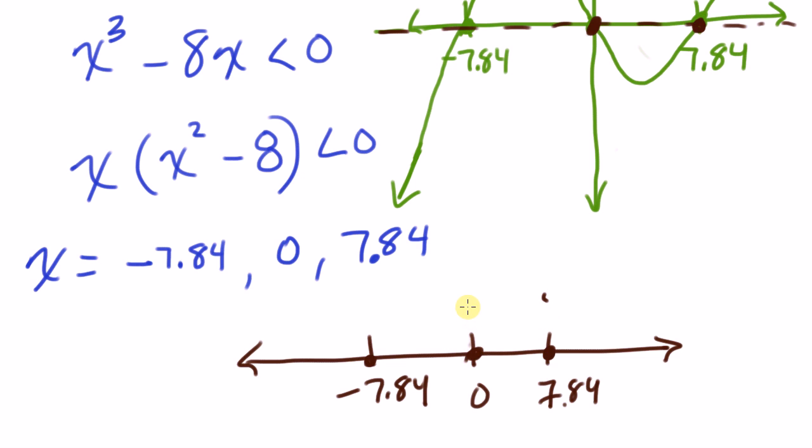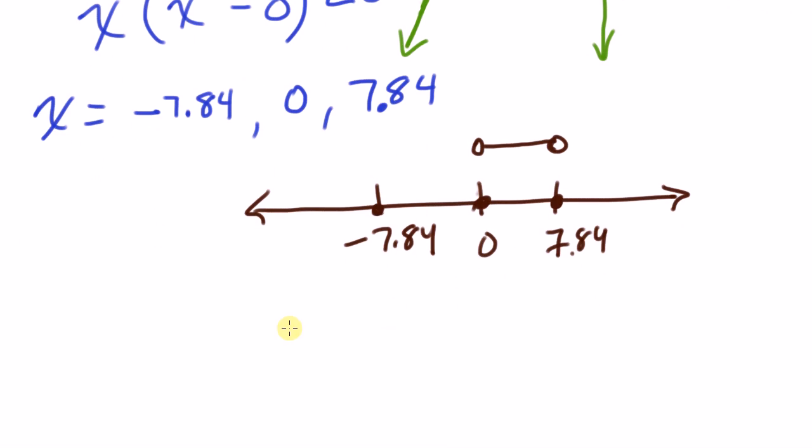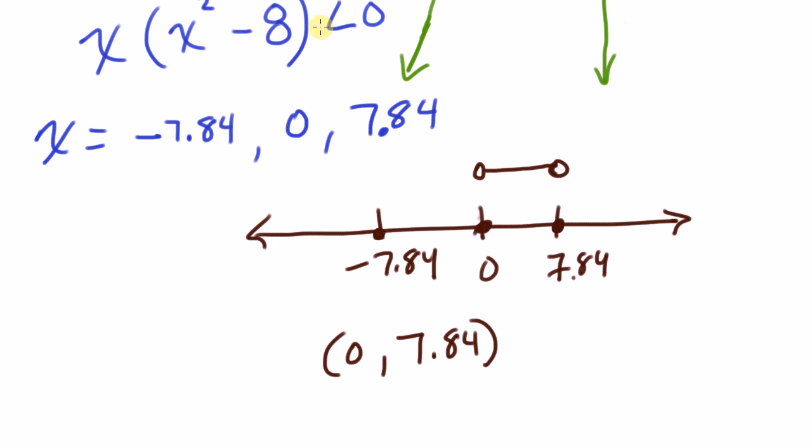So it's going to be in between these two, but not including this one and not including this one. So from 0 excluding to 7.84 excluding, these values will satisfy this equation.